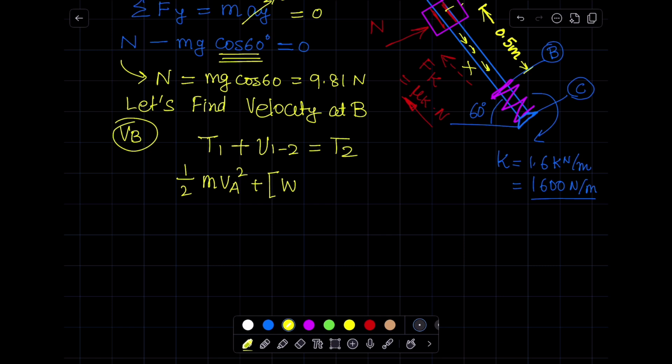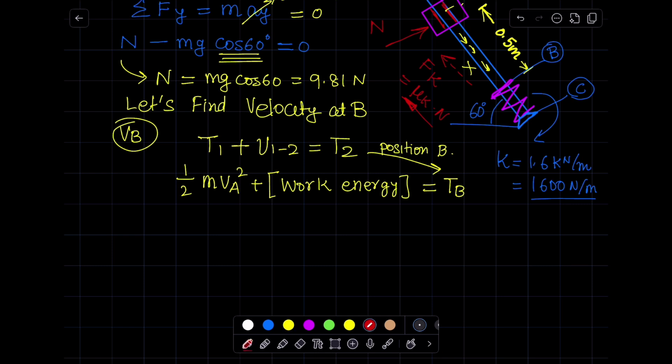T1 is point A, and T2 is point B. T is the kinetic energy, so at position A I wrote 1/2 m v_A squared, plus the work done, equals the kinetic energy at position B.